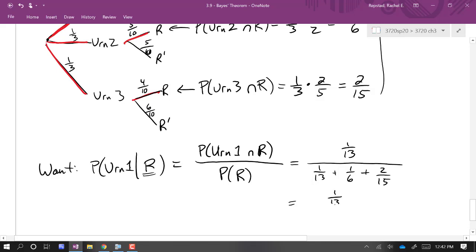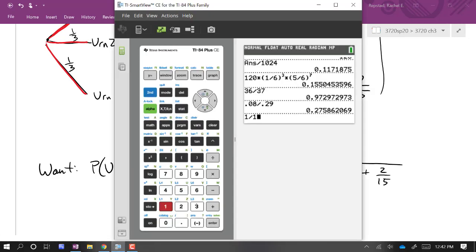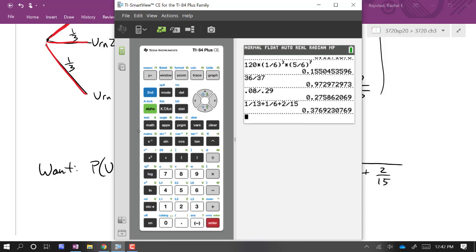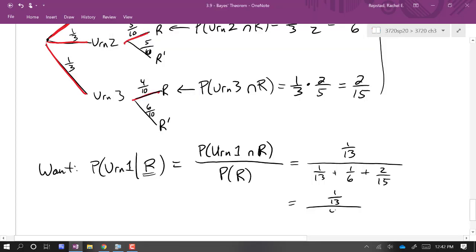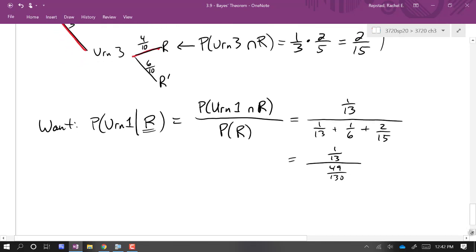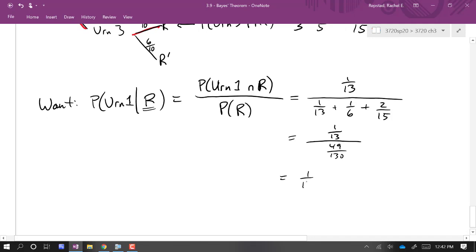So 1 out of 13 divided by 49 over 130, which means this is 1 out of 13 times 130 over 49.